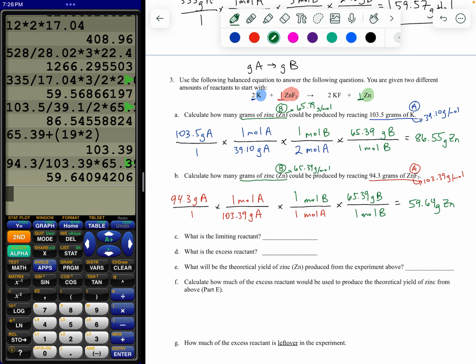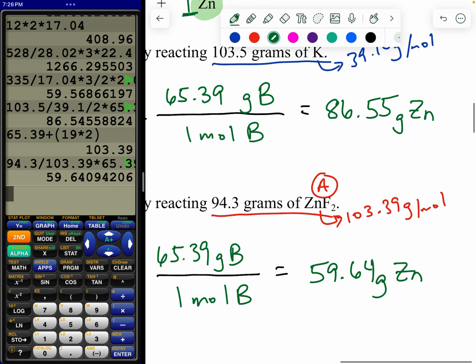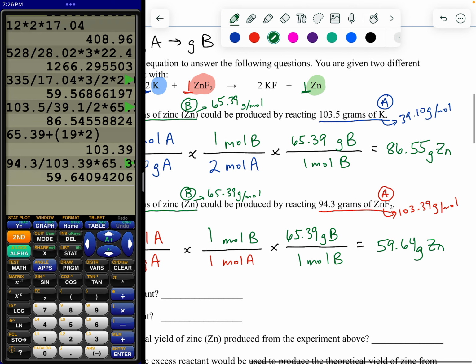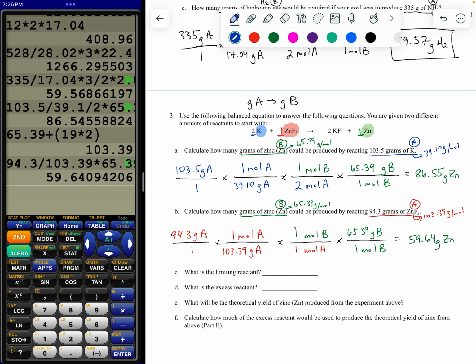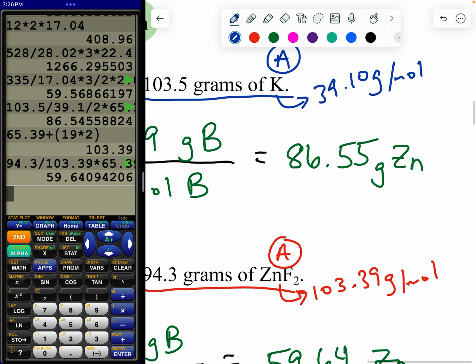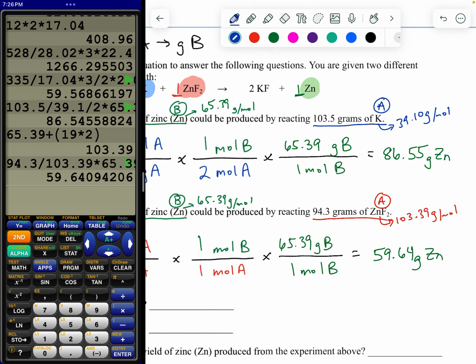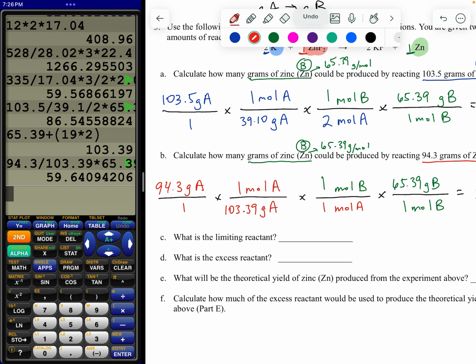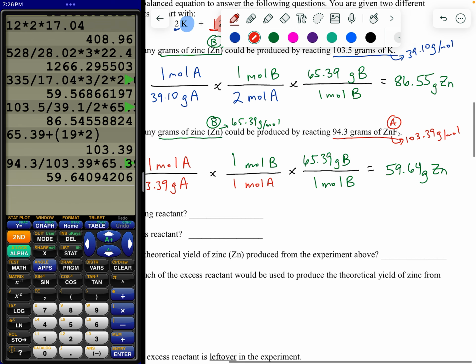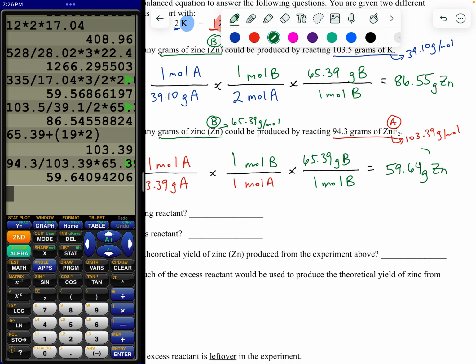And so now we have 2 different answers here. What these numbers are telling us is if all 103.5 grams of potassium react, we should be able to produce this much zinc, right? But we also have to take into account that we only have 94.3 grams of zinc fluoride able to react, which we see is only going to produce this much.